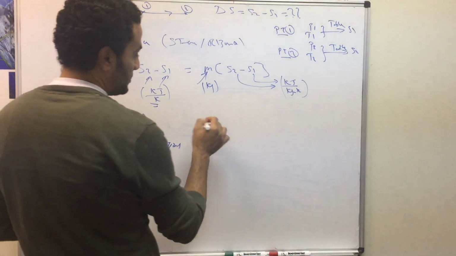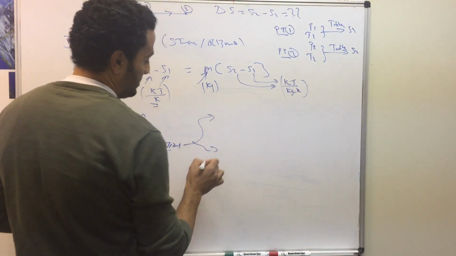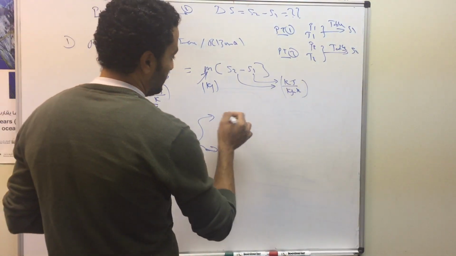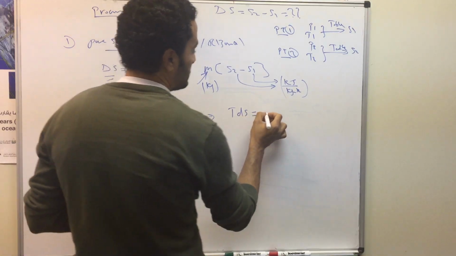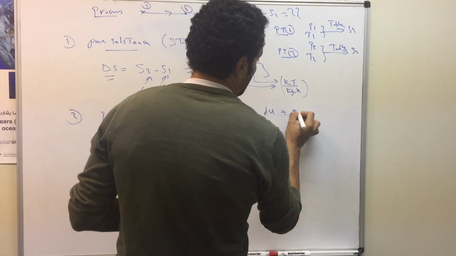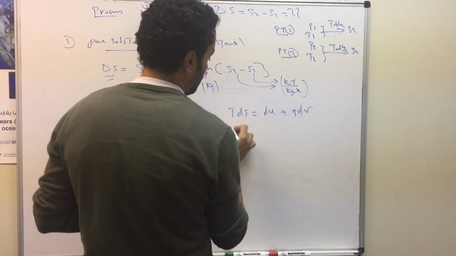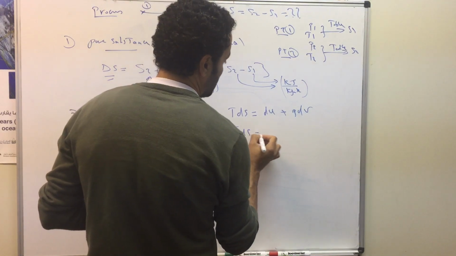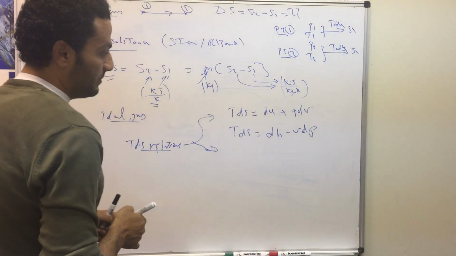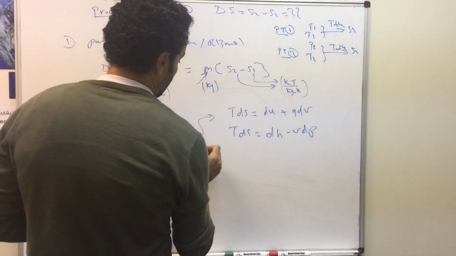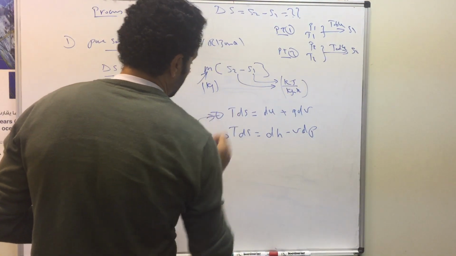We have two Tds relations, which can also be proved, but I'm not here to prove these equations. The first equation is Tds equals dU plus PdV, and the second equation is Tds equals dH minus VdP.